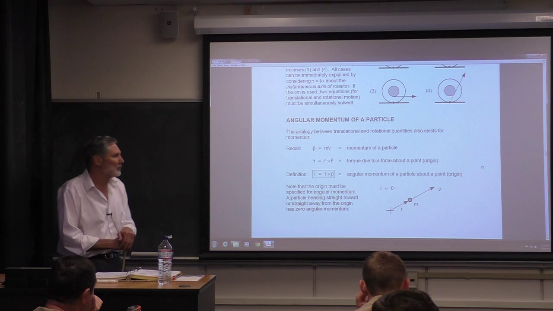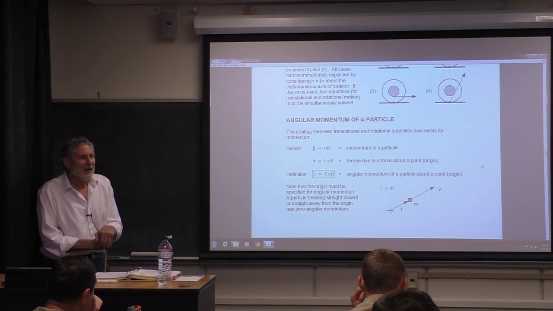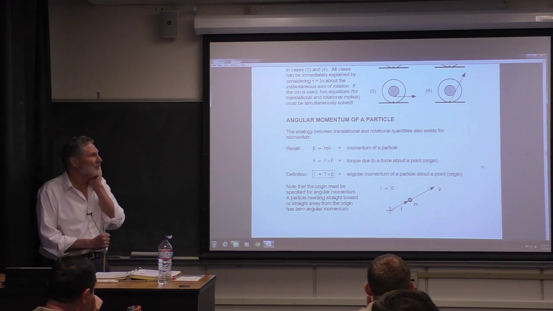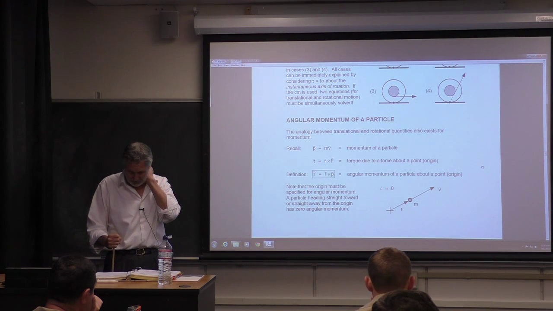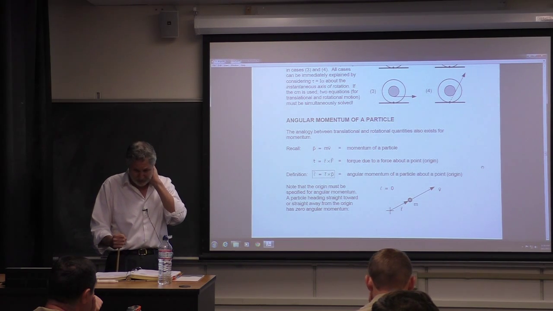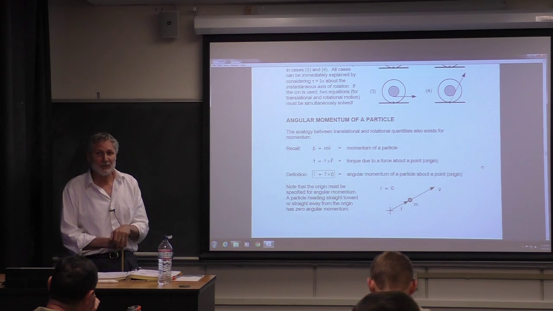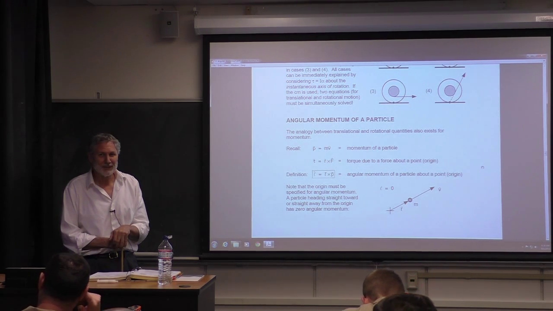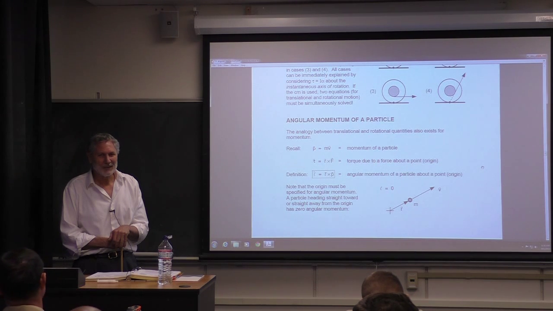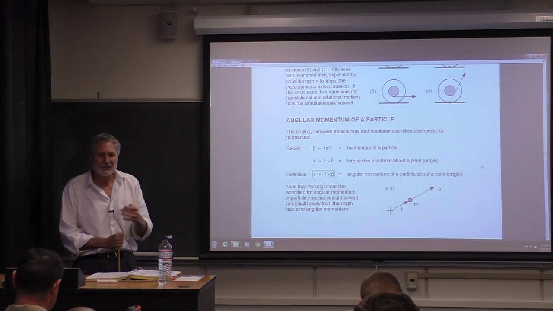Usually we use linear momentum for collisions. Angular momentum, now that I think about it, is not really used very often for collisions, even though the lab this week you'll be doing an angular collision. How can that be? Well, you'll see.